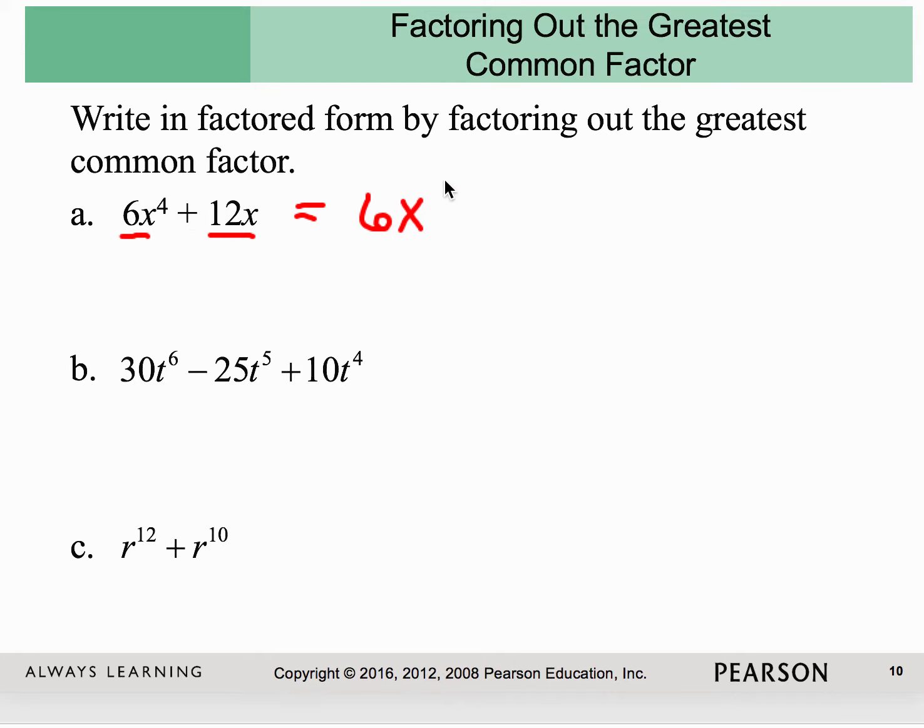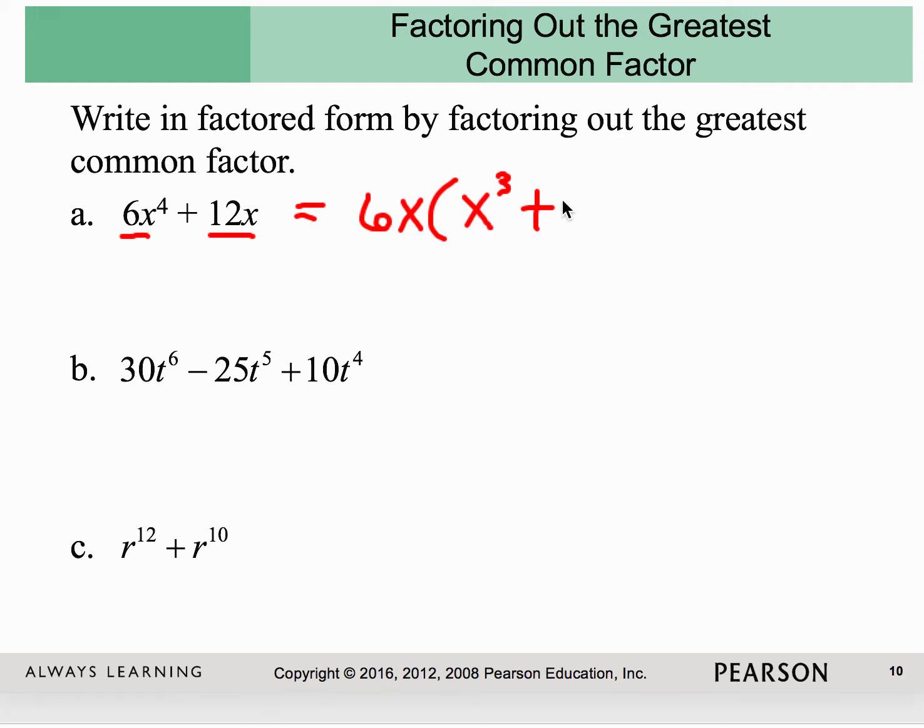So when I'm doing that, my next step is to put a parenthesis, and then the remaining factors go in here. Okay, 6x to the fourth divided by 6x. Or what if I take the 6 out and one of these x's, it's going to leave an x cubed. Got a plus sign, so it'll stay a plus. What if I take a factor of 6 out of 12?